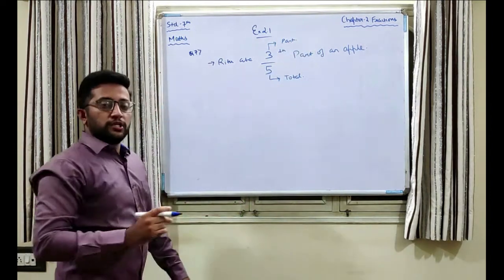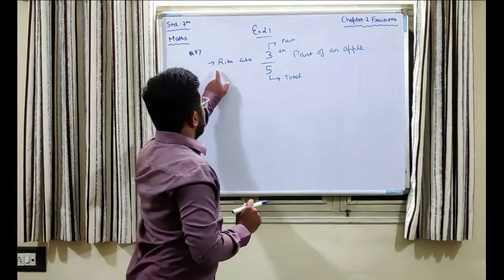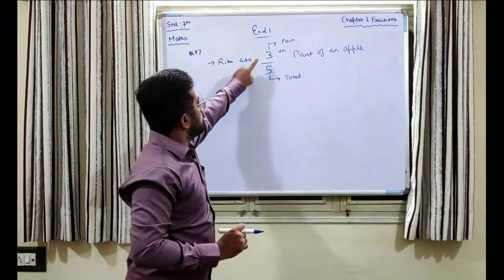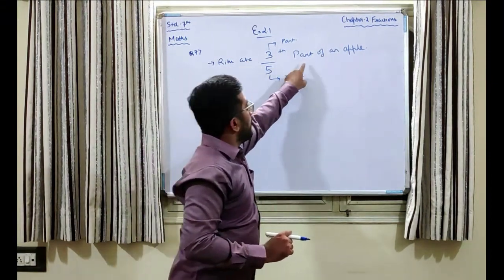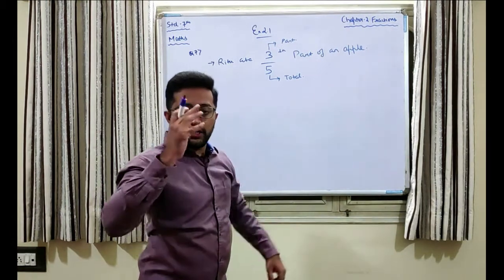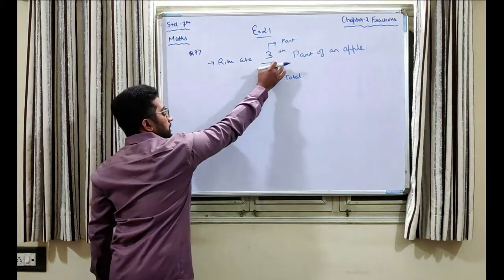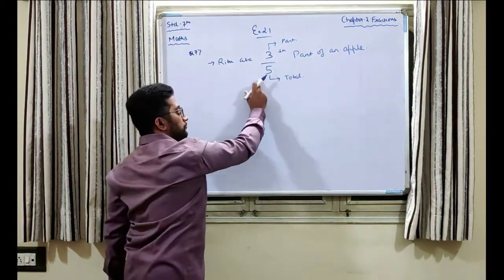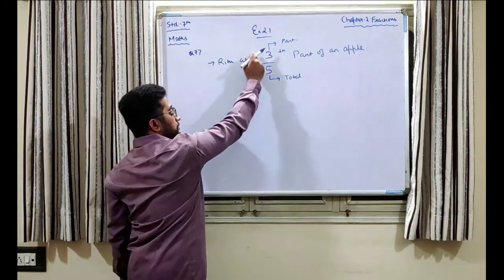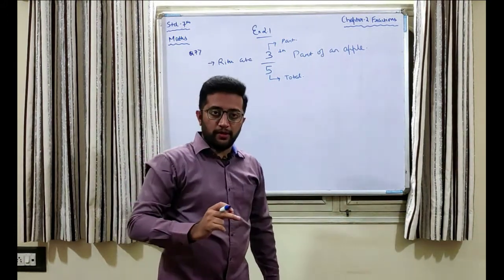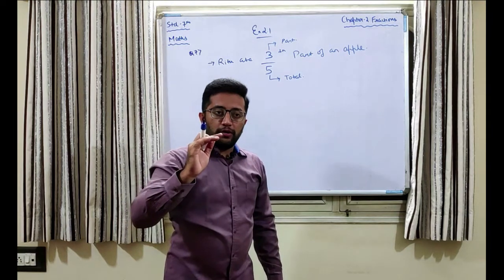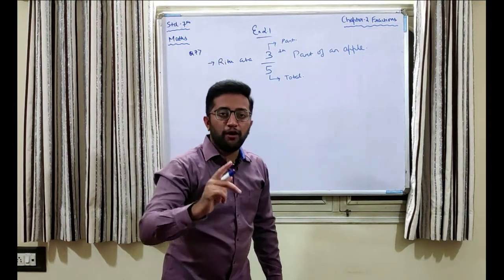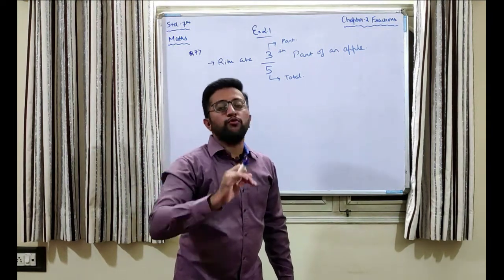So in the question it is given that Ritu ate 3/5 part of an apple. Okay, so here the total of apple is 5, out of which Ritu ate 3 parts. Okay, so I will ask you a question, how much part did Somu eat?